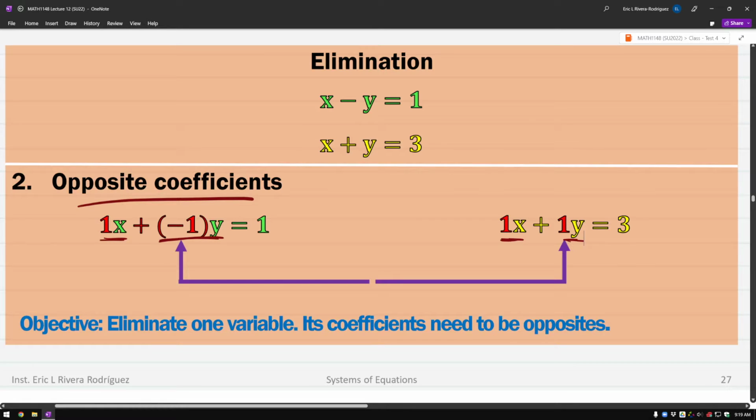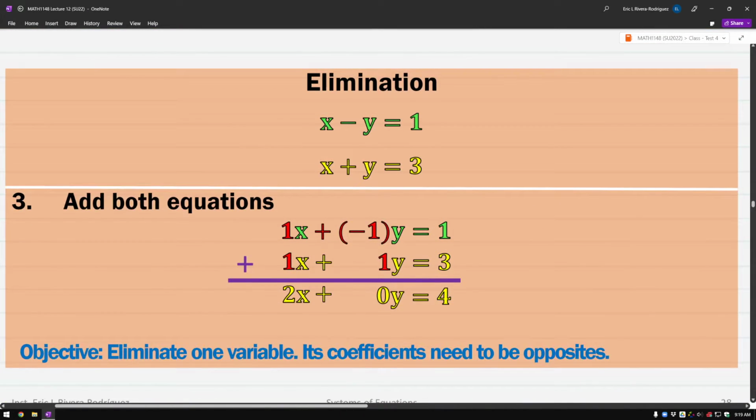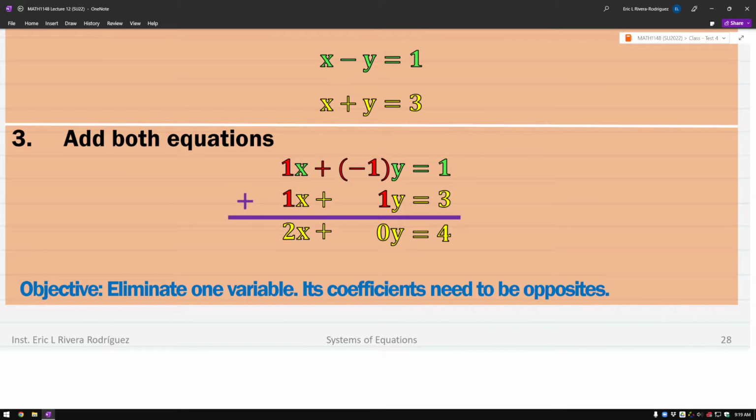Okay? So once we have opposite coefficients, now we can add both equations. You see, we put the like terms together. So we have 2x. Then -1 plus 1 is just 0. So those get cancelled. So we have eliminated the variable y, because 0 times y is just 0, and the constant term is 1 plus 3, which is 4.